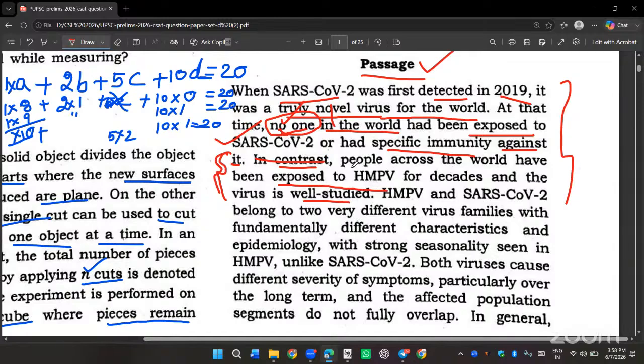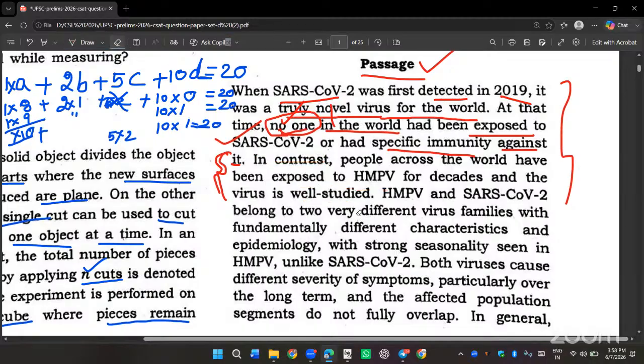Anyway, after seeing this, I conclude yes, both are viruses, similar viruses. One is well studied because people were exposed, the other was not studied. That's all I mark. Statement one is correct.